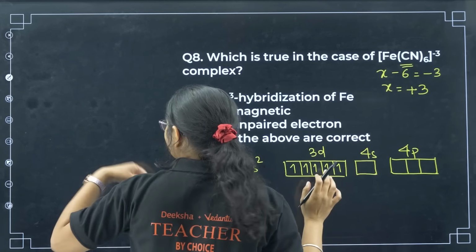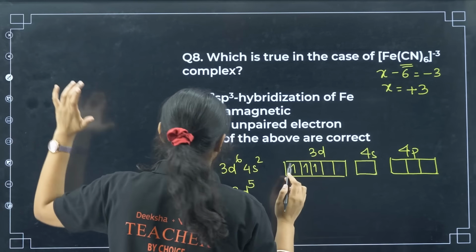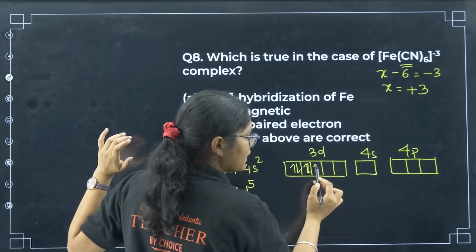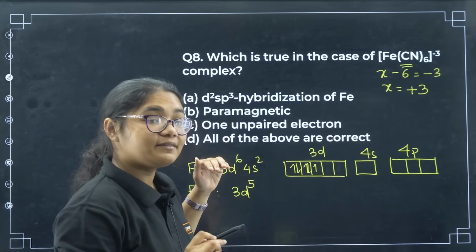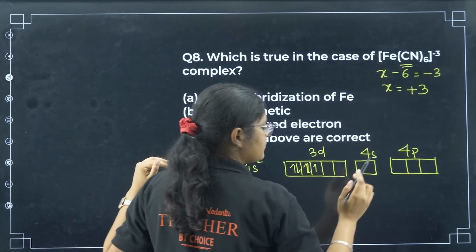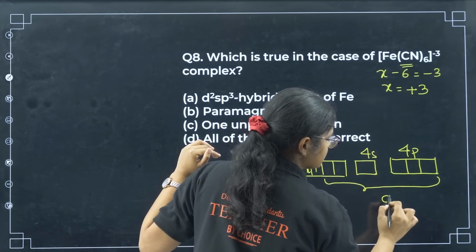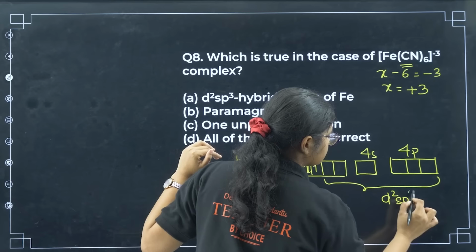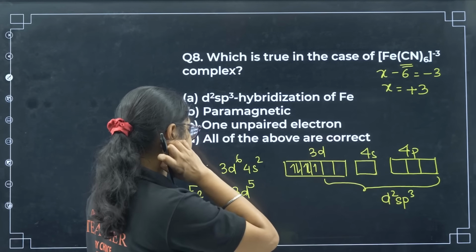So once this pairing takes place, I can have these 2 electrons paired up here and here. 1 electron is remaining, and you see there are 6 ligands, right? If there are 6 ligands, 6 empty orbitals will be required. So I have d2sp3 hybridization.